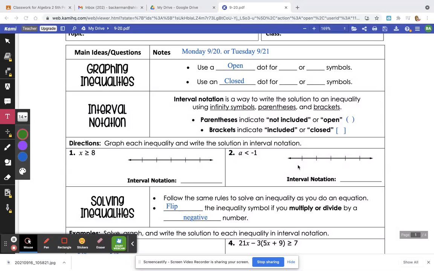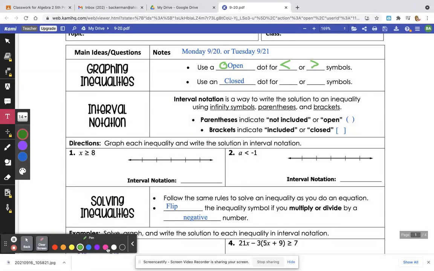When we use this on a graph, you're going to see an open dot when we're not including something. If we're not including a number, you'll have an open dot right here, meaning it'll be hollow. And the symbols will not have that equal sign underneath.